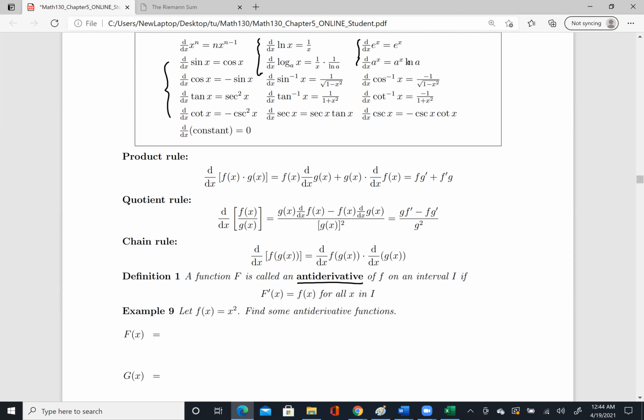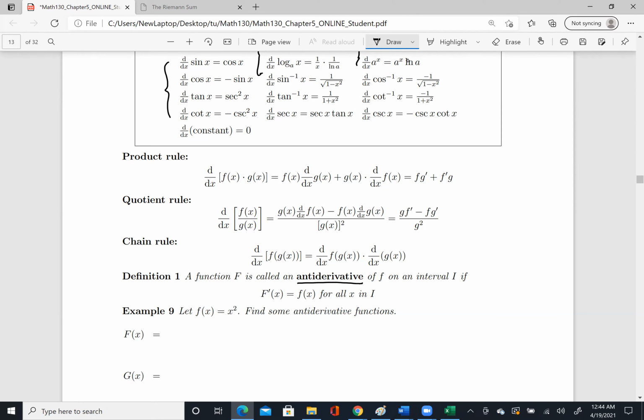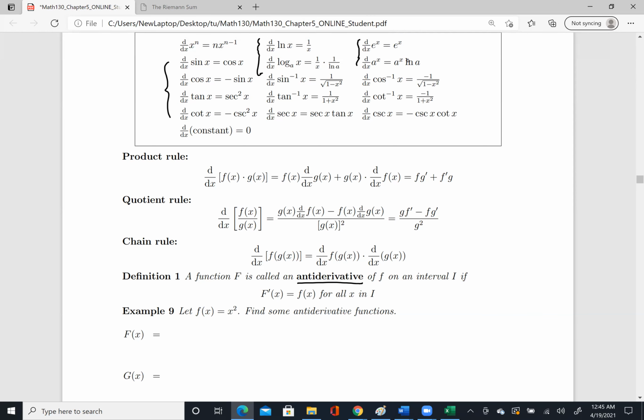Definition 1: a function F is called an antiderivative of f on an interval I if the derivative of capital F at x equals f of x for all x in the interval I. As you can see, if you take the derivative of the antiderivative, it will become the original function. See that?